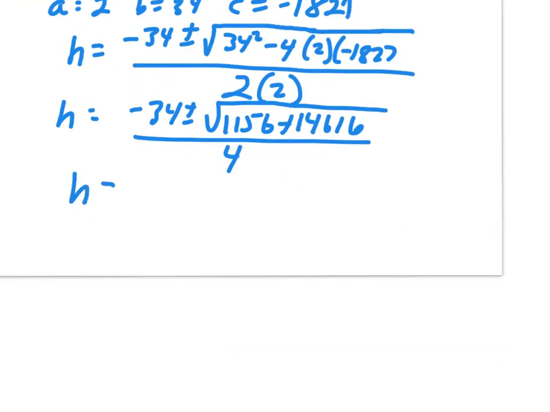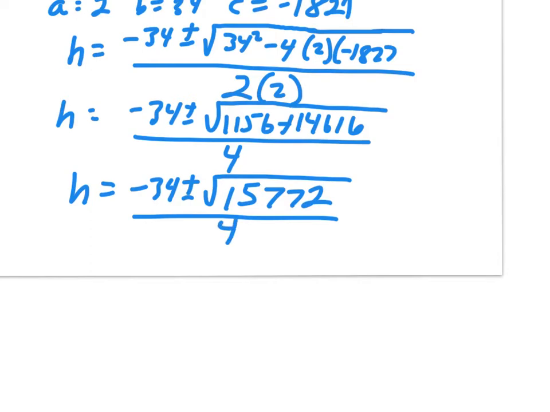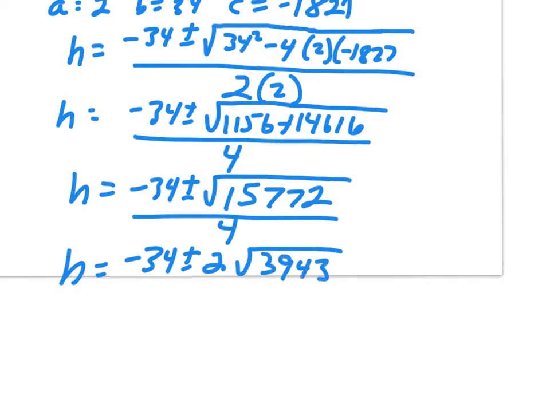And that will then get me negative 34 plus or minus the square root of 15772 over 4. That radical does have a factor of 4 in it, so that's negative 34 plus or minus 2 root. When I divide by 4 there, I'll get 3943 over 2.